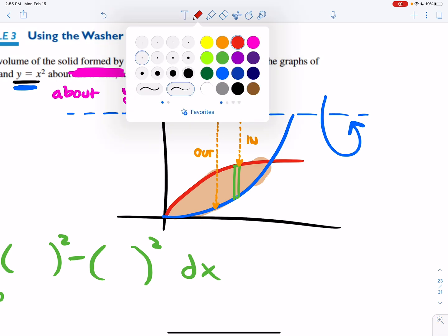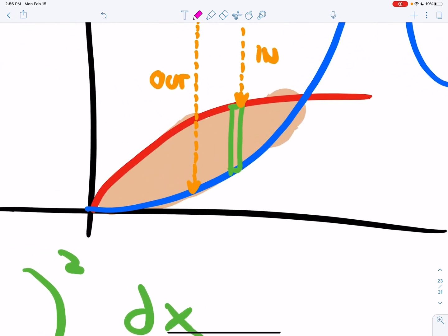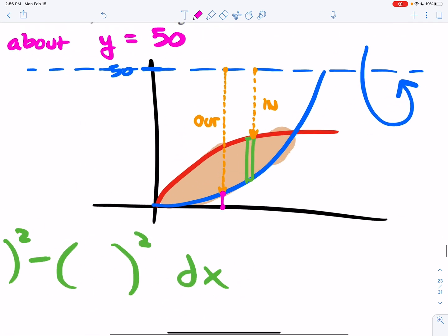I know for a fact that if I go from the x-axis all the way up, actually, let me draw this somewhere else. If I go from the x-axis all the way up to the blue, that is my y2.